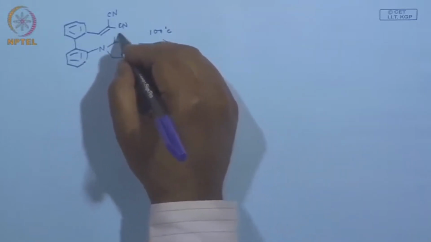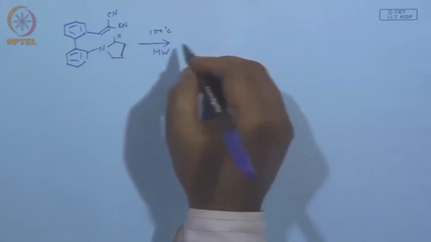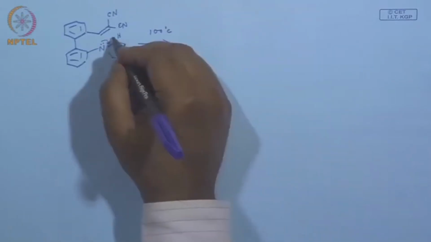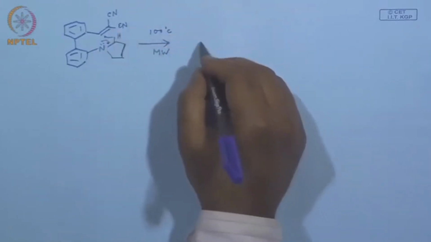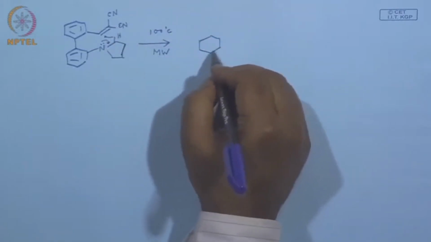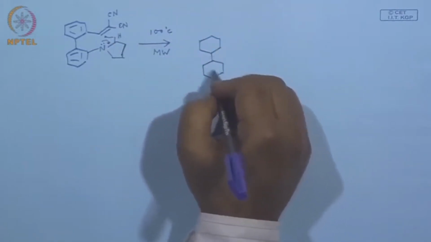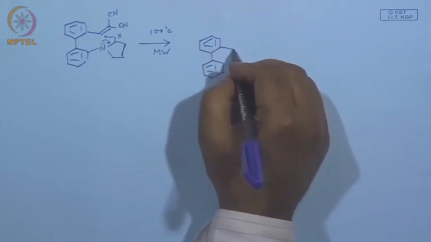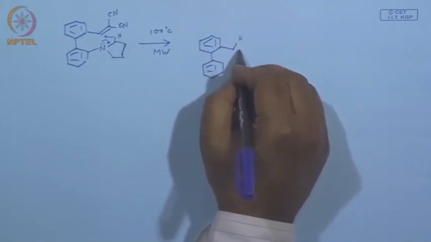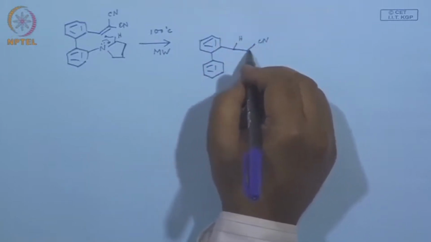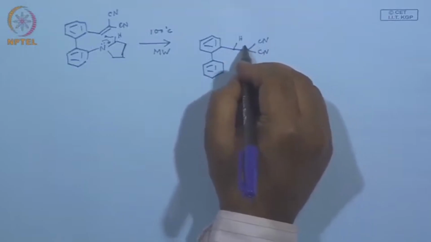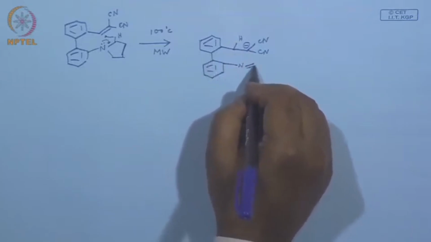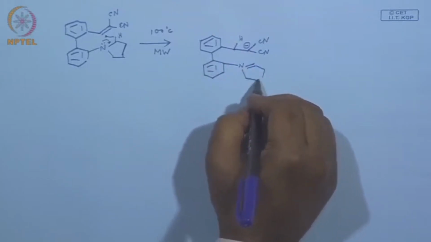First, we have to recognize that there is an alpha hydrogen, and the nitrogen lone pair pushes and the hydride is shifted. So the backbone remains as it is, and then the hydride is shifted to this place, and you will get a sort of carbocation here, and this nitrogen then becomes an iminium ion.